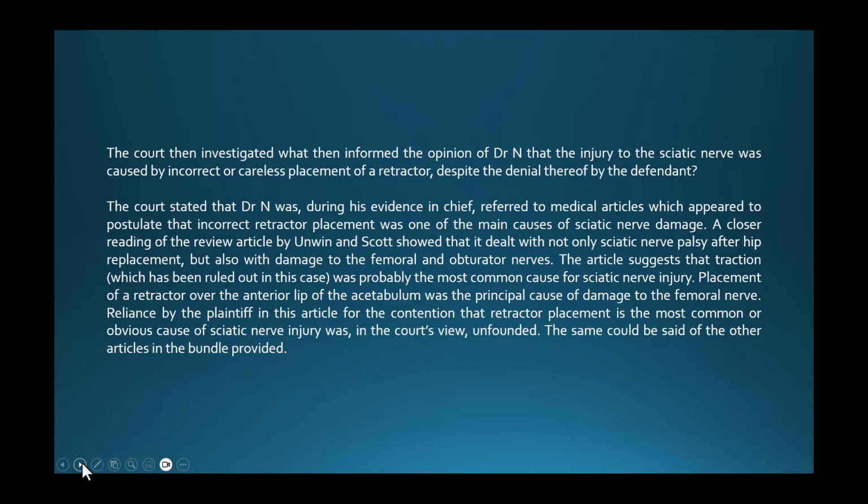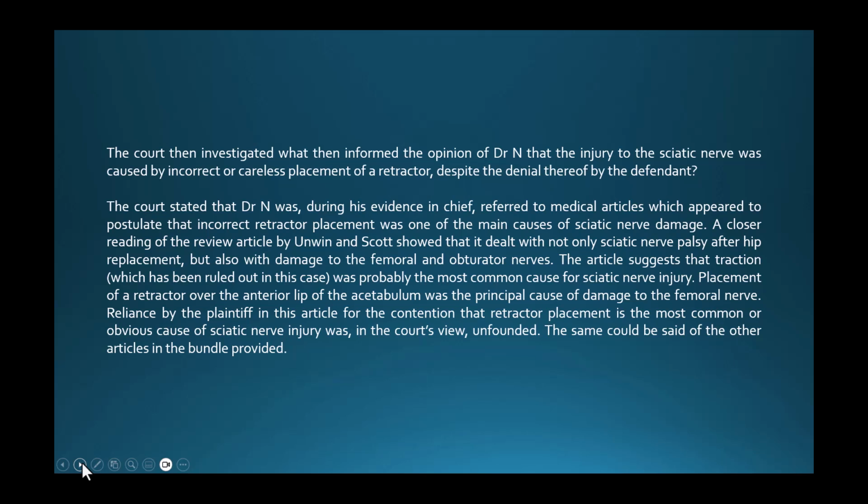The court states that Dr. N was, during his evidence in chief, referred to medical articles which appeared to postulate that incorrect retractor placement was one of the main causes of sciatic nerve damage. A closer reading of the review article by Unwin and Scott showed that it dealt with not only sciatic nerve palsy after hip replacement, but also with damage to the femoral and obturator nerves.